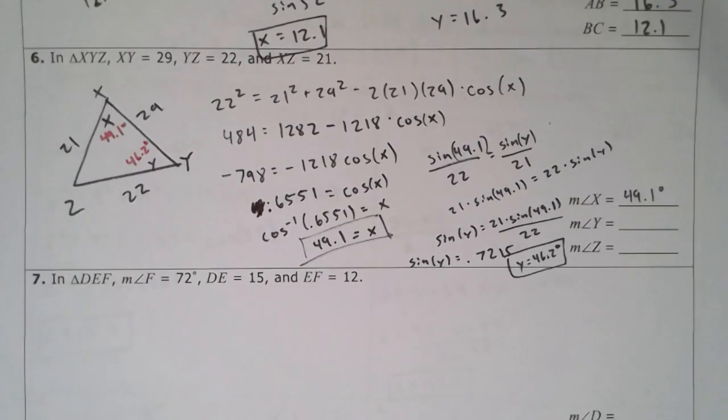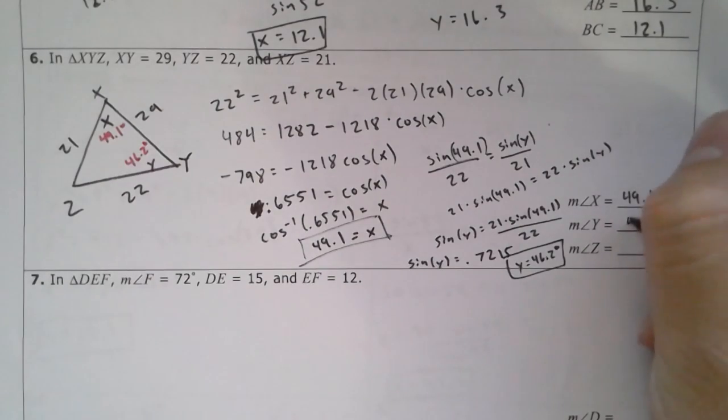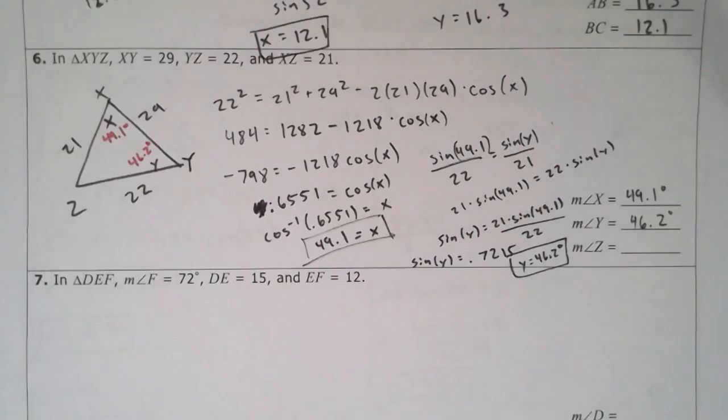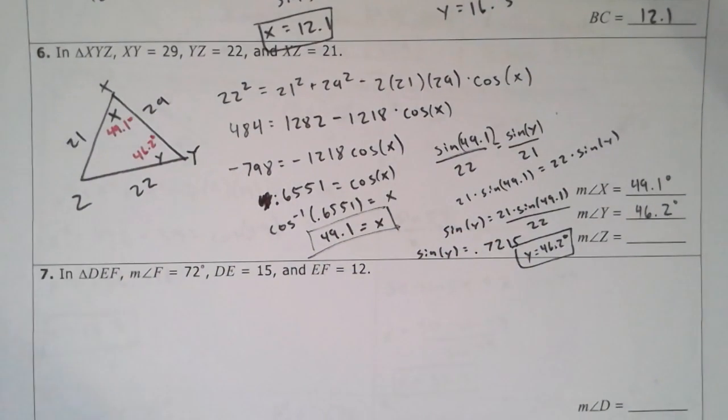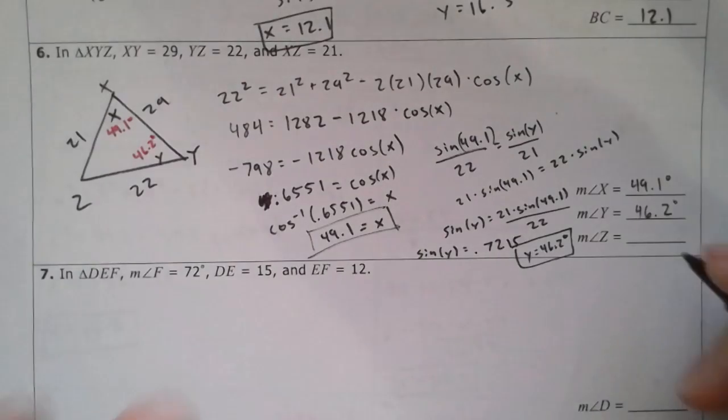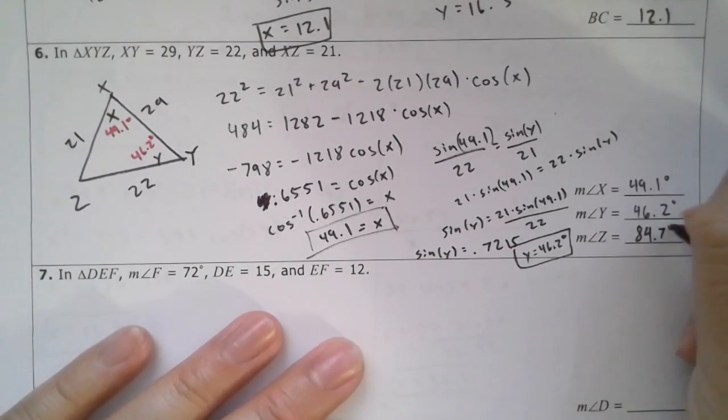Now, be aware, right? Don't go and use the law of sines again to find the last angle, because you don't need to. You could, but you don't need to. They add up to 180 because it's a triangle, so just subtract those two from 180 degrees. 180 minus 49.1 minus 46.2, you're going to get 84.7 degrees.